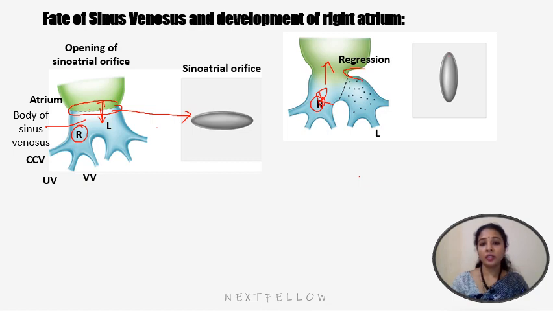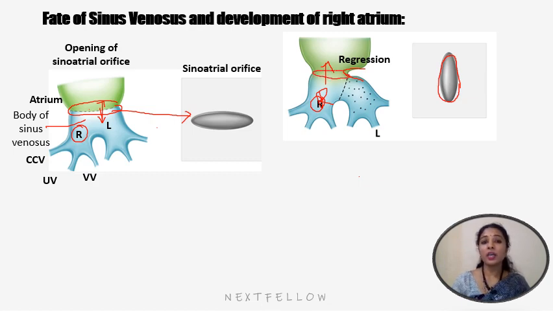Now the sinoatrial orifice, instead of transverse, is almost vertical. Because of these changes, the opening of the sinus venosus into the atrium shifts towards the right and becomes a vertical opening.